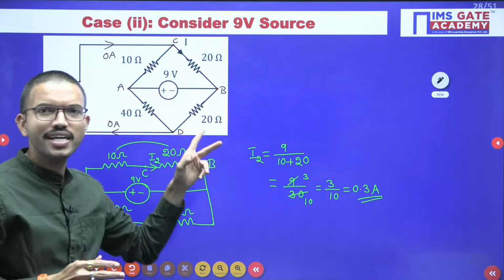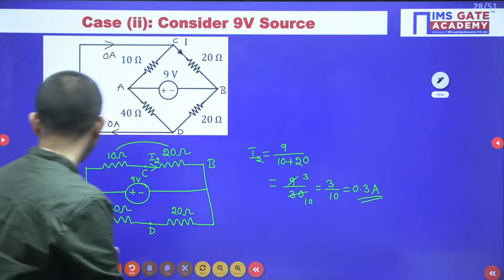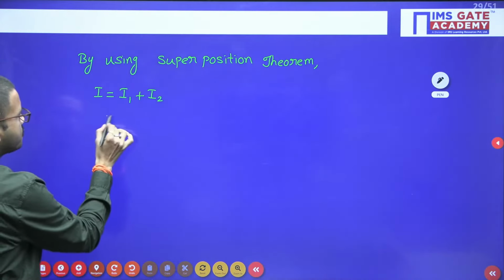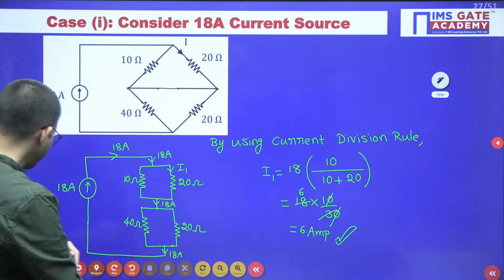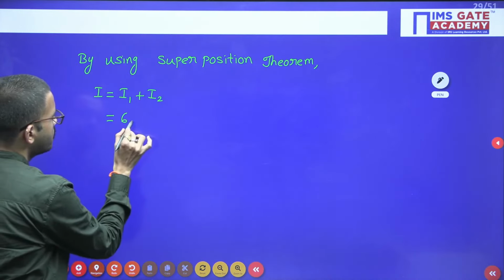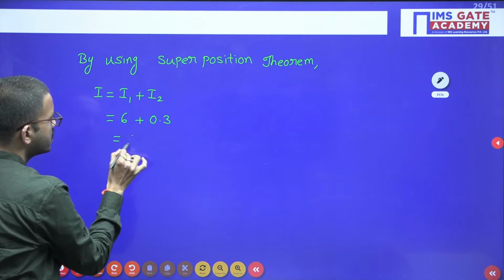If you are changing the current direction, then that time you have to do subtraction. So I equal to I1 plus I2. In case 1 we got 6 ampere, in case 2 we got 0.3 ampere. So 6 ampere plus 0.3 ampere, that means 6.3 ampere.